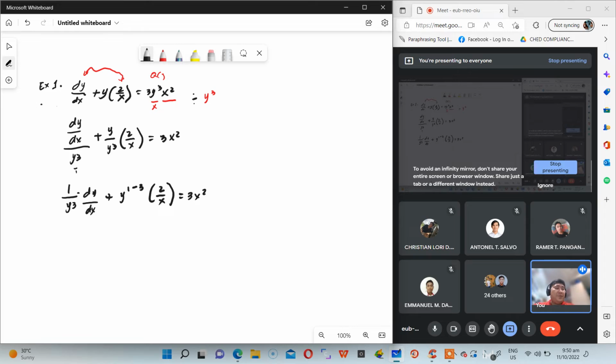Okay. So, from here, we could simplify this one. Therefore, you will have, since that is reciprocal, you could raise that one, negative 3. So, that's why it's just dy over dx. Or, if you know this one, you could do this directly. So, plus y raised to the power of negative 2, 2 over x equals 3x squared.